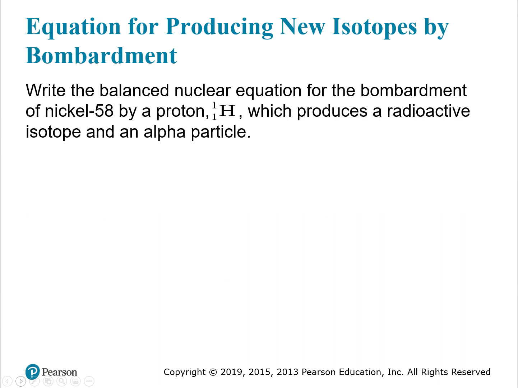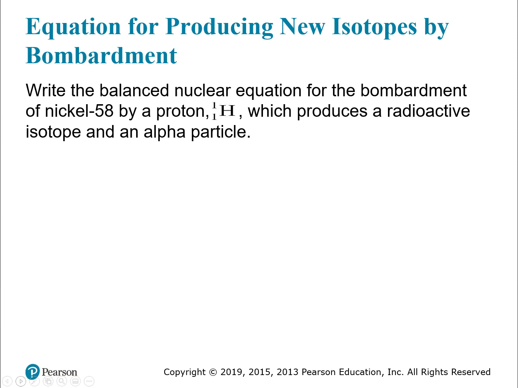Let's practice writing an equation. Here, you're always going to be told what you produce because you won't just know off the bat what you're making. But if you're told what you're producing, then you should be able to come up with the new element.